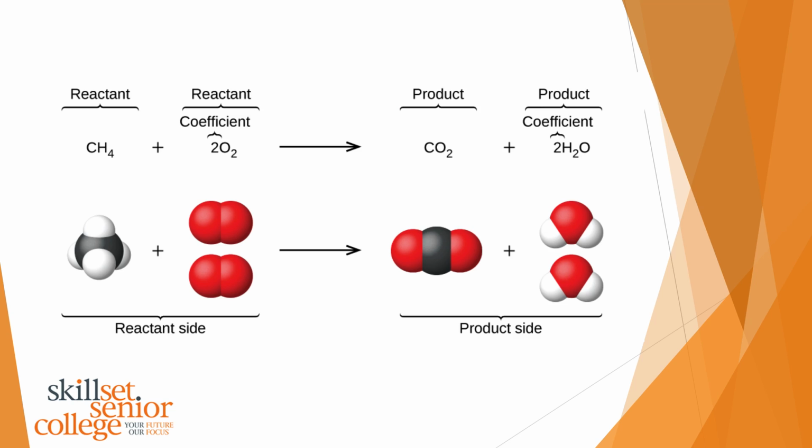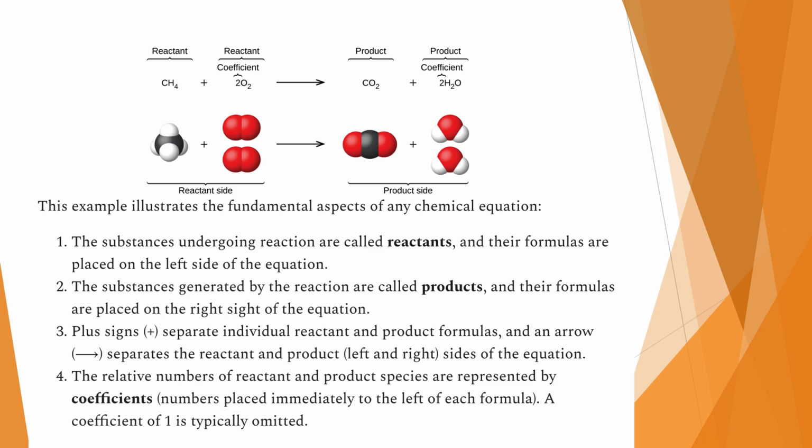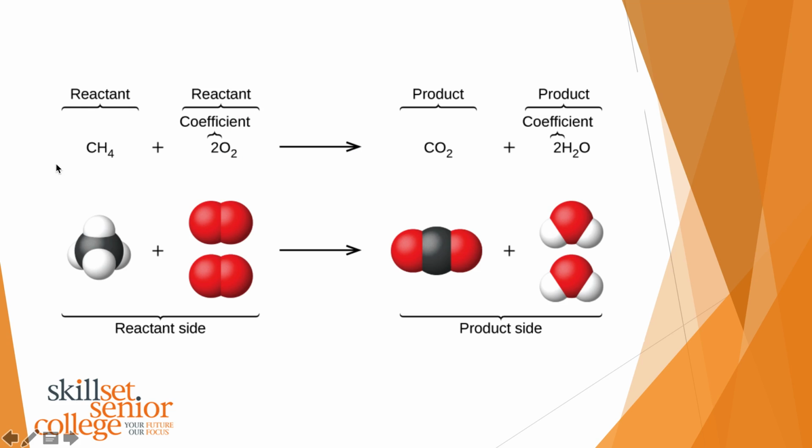Okay, so let's see if this balances out. We have CH4, so remember we said 1 carbon and 4 hydrogen, and then we have 2 times 2 oxygen, we have 4 oxygen. Here we have 1 carbon, so that's correct, there's 1, that's balanced.